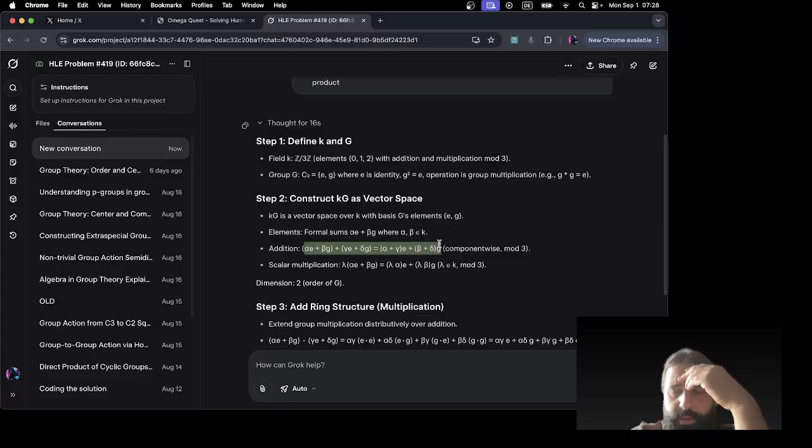Essentially the coefficients sum, and then this extends. And for scalar multiplication, they just distribute. This lambda just distributes over alpha E and beta G, and that's it.